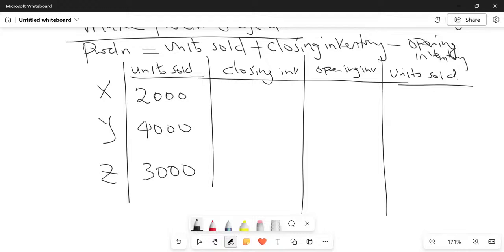If you've been able to copy that, then I'll go to closing inventory. Let me drop this down and pick this document. I'm searching for inventories.